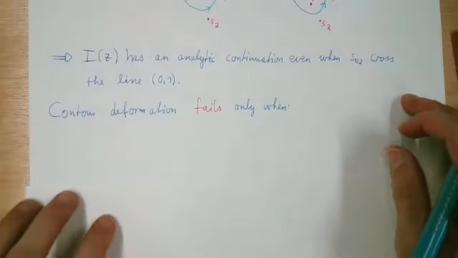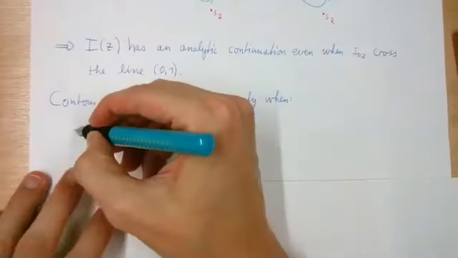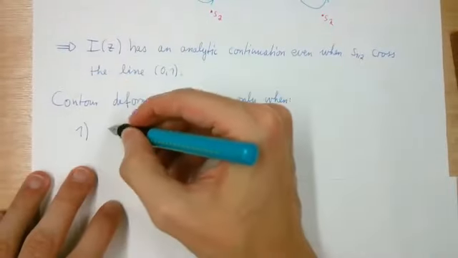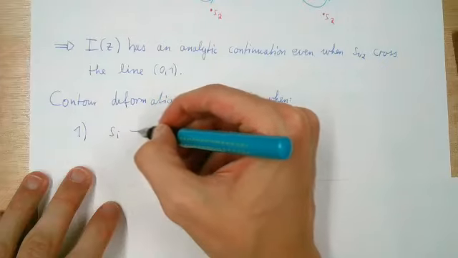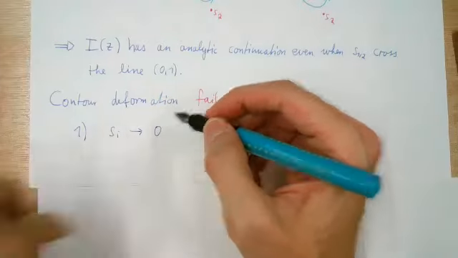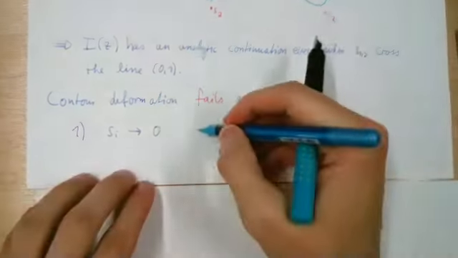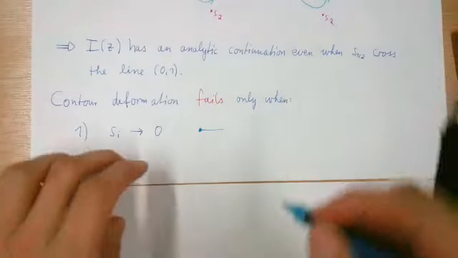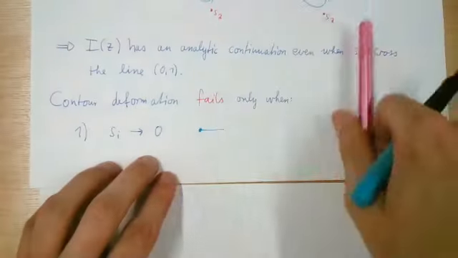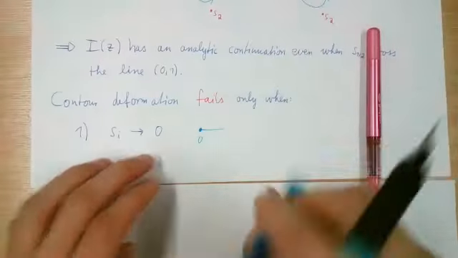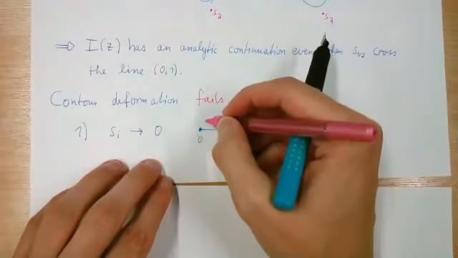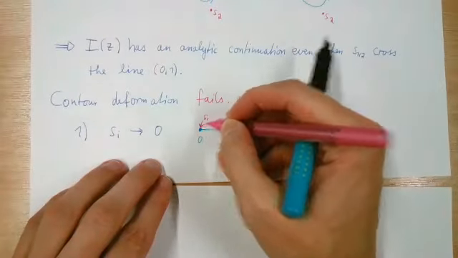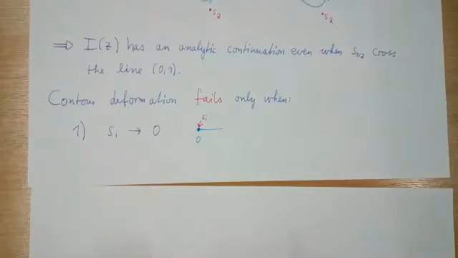So the first case is, well, what happens when one of these singularities goes to 0? Remember, 0 is the point where your path starts. So say Si goes to 0. Now the problem is the path starts in 0, right?